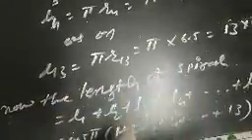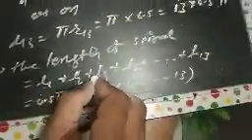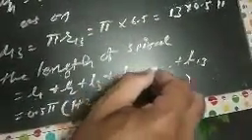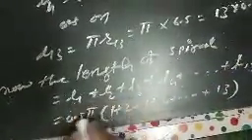Here is the length of the semicircles. Now we write the length of the spiral, that is, the semicircles make the spiral. So it is equal to L1 plus L2 plus L3 plus L4 plus up to L13. In each length there is 0.5 pi, 0.5 pi, 0.5 pi.